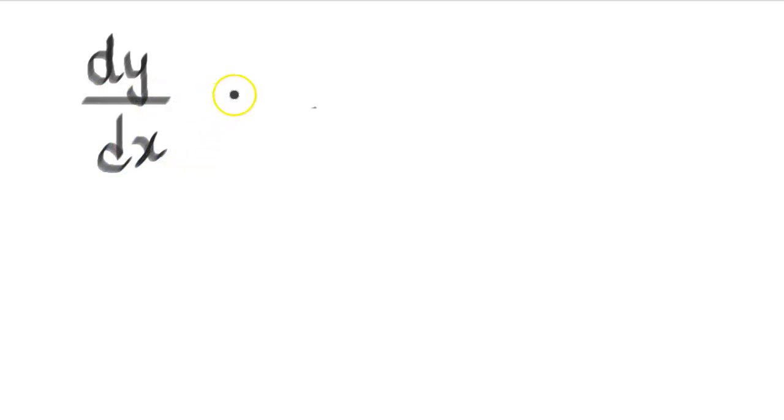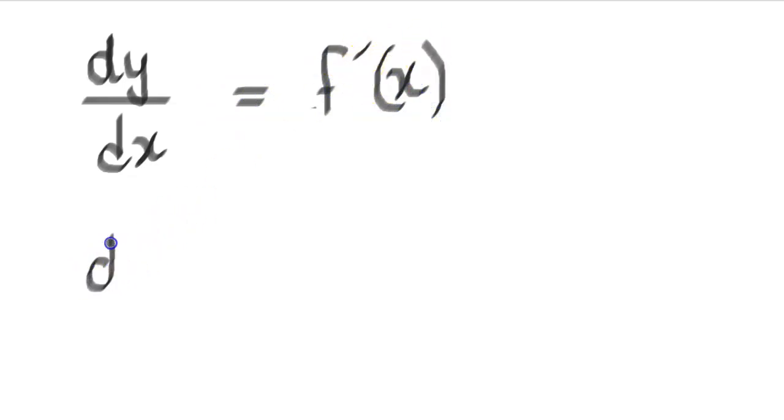Now, another thing, when we look at differentiation, the first time we differentiate, we get dy over dx, which is also written as f dash x. They are the same. If I do a second differential, it's d over dx of dy over dx.